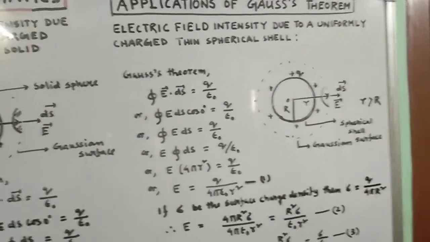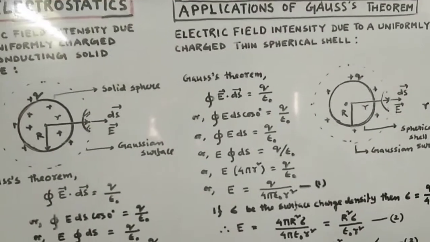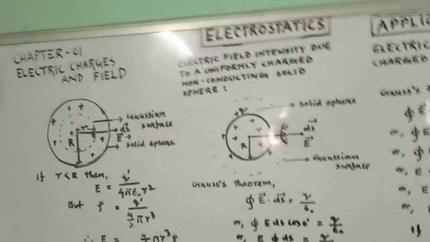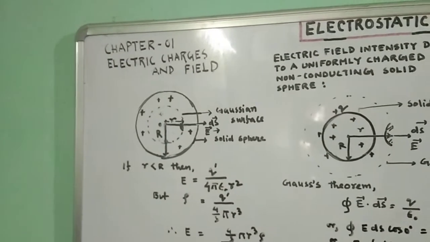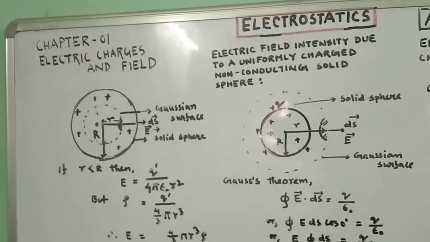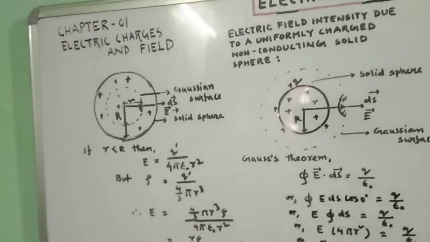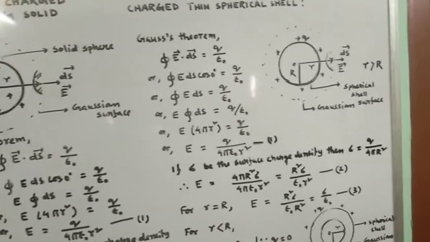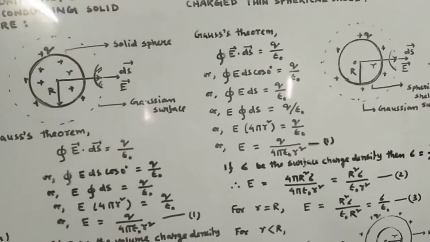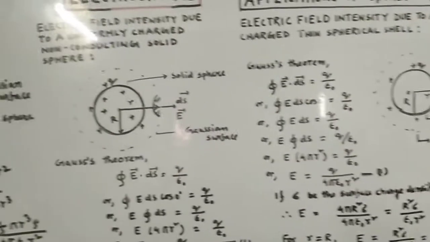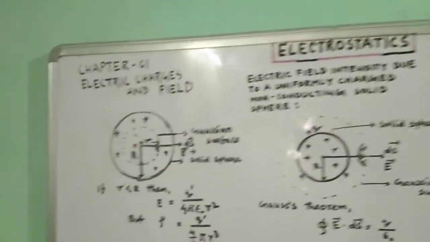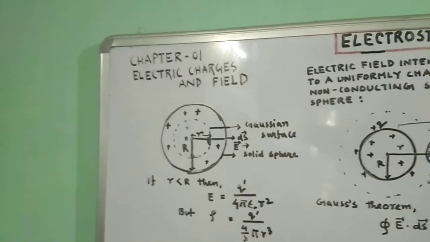Most of the time spherical shell and thin sheet are very common in exams. And another one is your field due to a charged non-conducting solid sphere. So these are the applications. I think these are the topics included in chapter 1, under electrostatics, and chapter 1 is electric charges and fields.